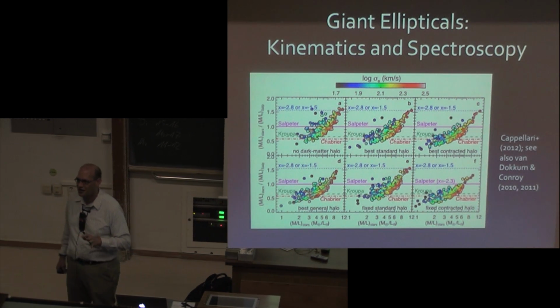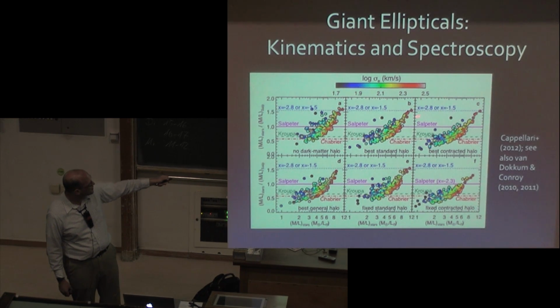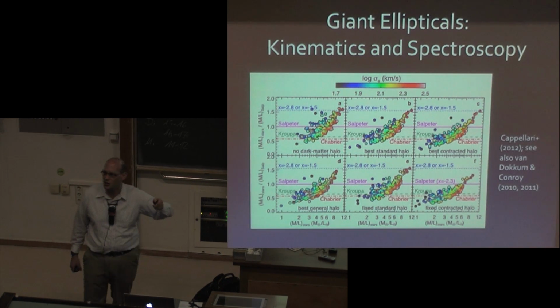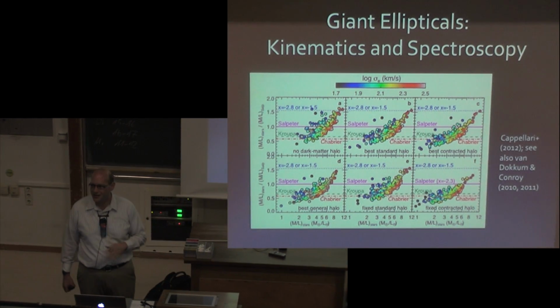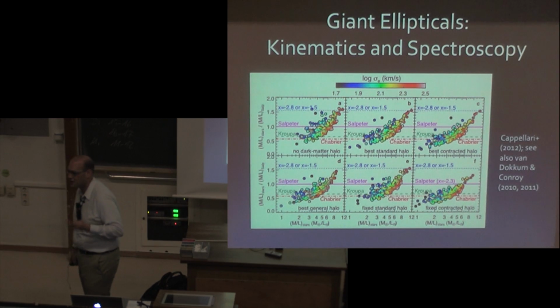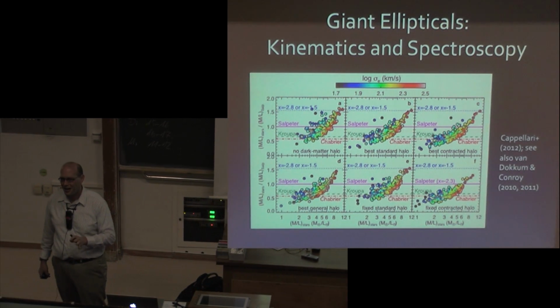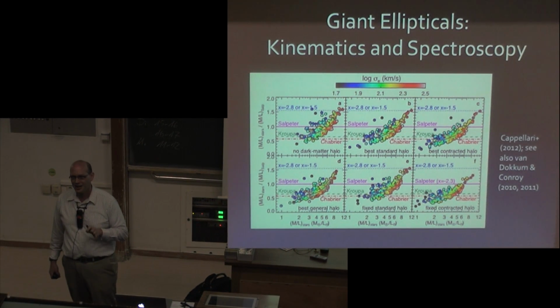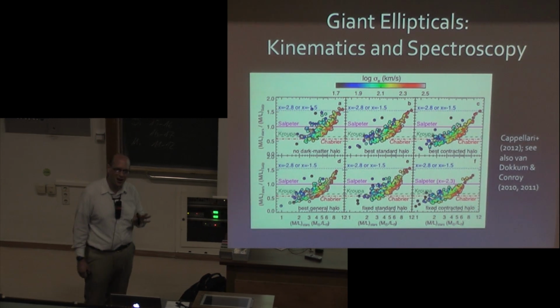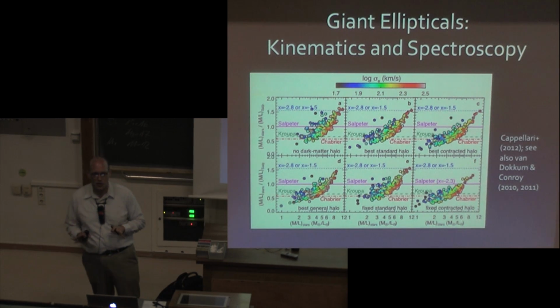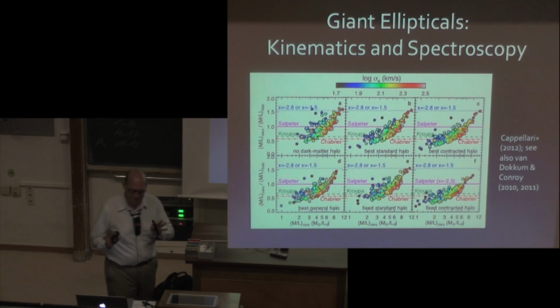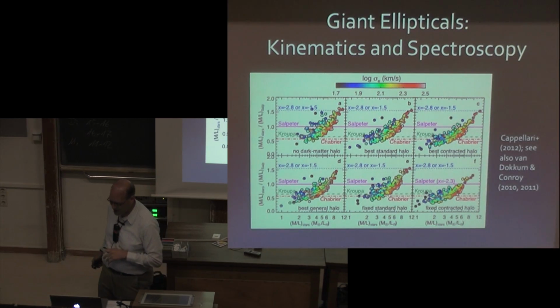Now let me emphasize slightly, we're talking about a change of a factor of maybe 2 in the mass to light ratio. So this is a pretty subtle effect, but it's the best evidence we have so far for a varying IMF. Now, I'm not certain this is right. I think it's probably right, but the history of this field is littered with enough examples of oops moments that you have to be a little skeptical.